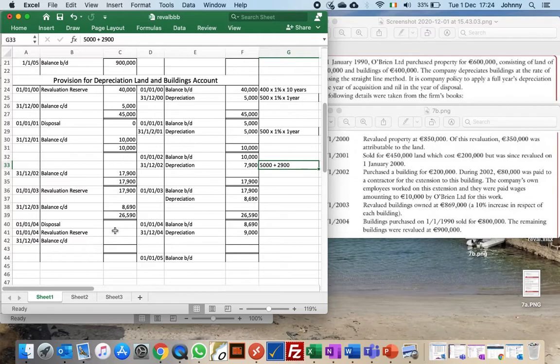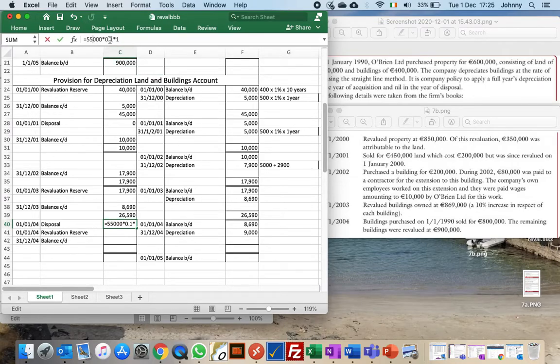There are two numbers here that I've deliberately left unfinished. Disposal is going to be all the depreciation on the thing that I got rid of. The thing I got rid of is worth 550,000, and I multiplied that by 0.1, so it's 1%, and I had it at the recent revalued figure for 1 year. That's the wrong maths, I think I've got an extra zero in there.